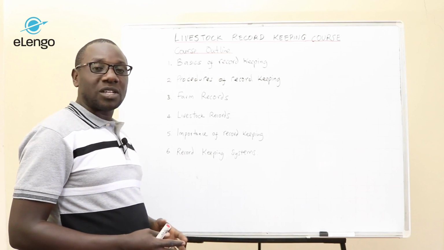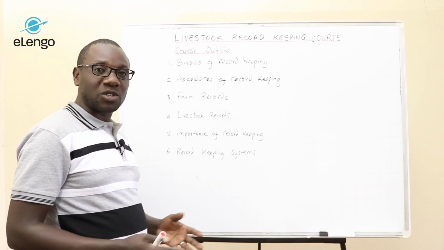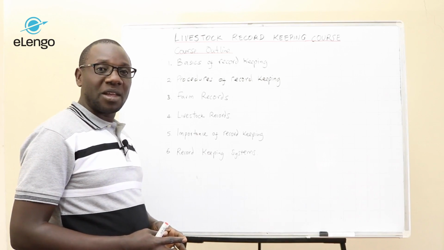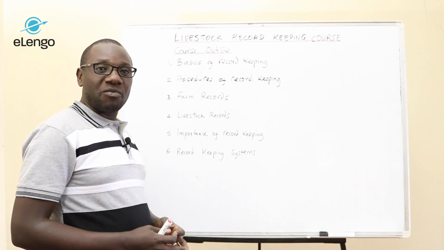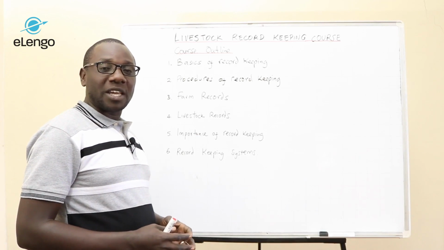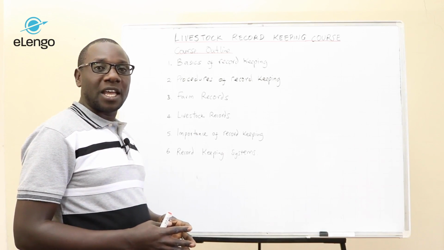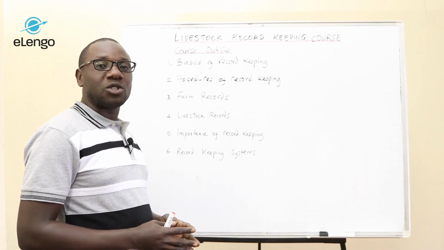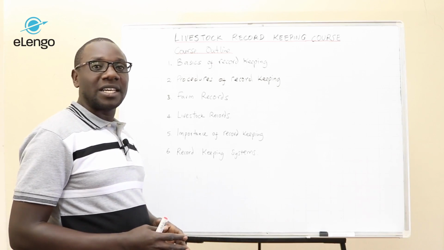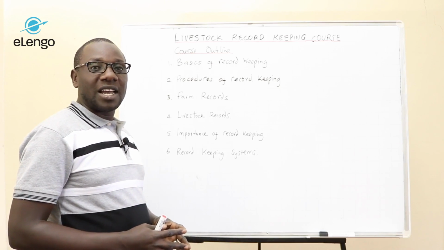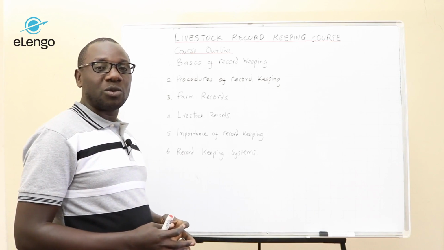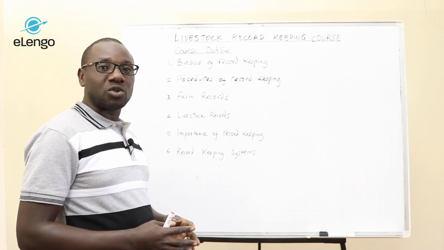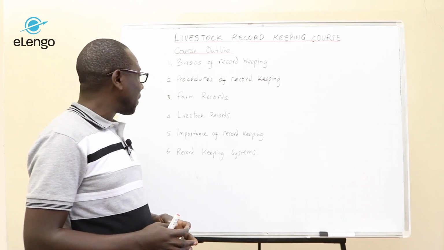Under farm records, we shall be looking at the various classes of records that farmers should keep at the farm. We have records that should also be kept for official purposes, which we shall also be discussing, and also trying to differentiate the kind of records that farmers ought to keep and also to be keen when recording.